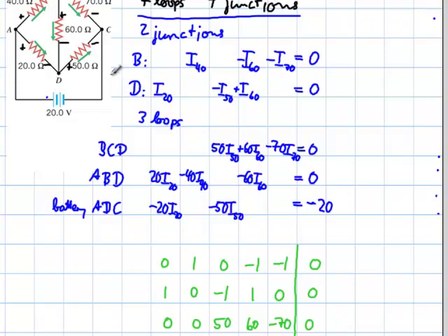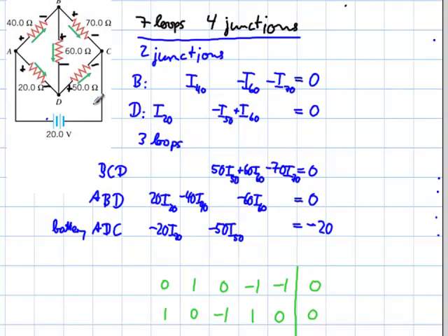And then on the right hand side, I went counterclockwise, so that would be 50 up and 60 up and 70 down.